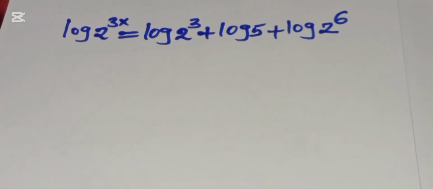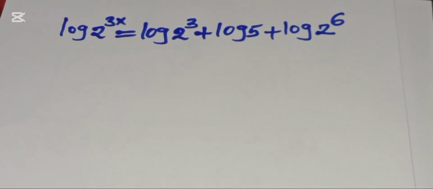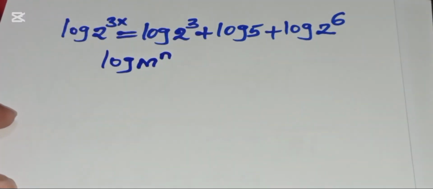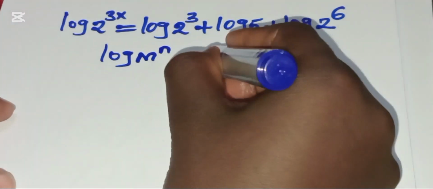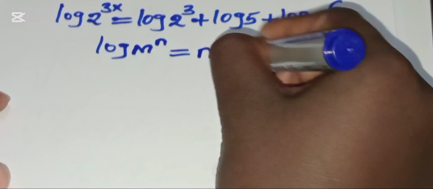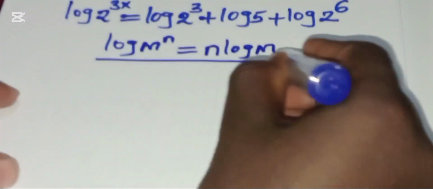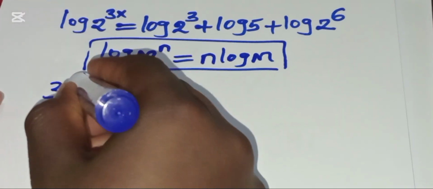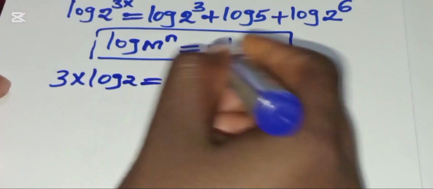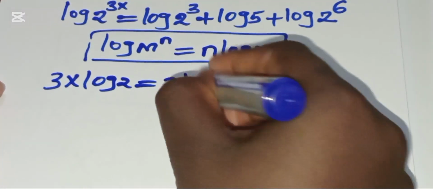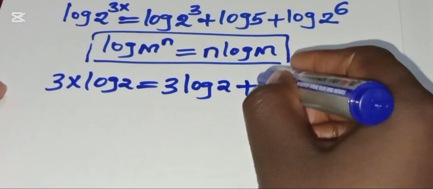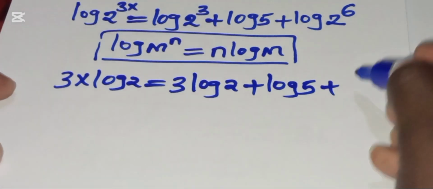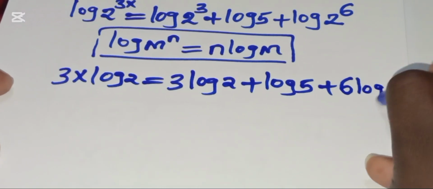Now let's apply the power rule of logarithm, which states that log m raised to power n can be expressed as n log m. Applying this property, we have 3x log 2 equal to 3 log 2 plus log 5 plus log 2 raised to power 6, so this becomes 6 log 2.